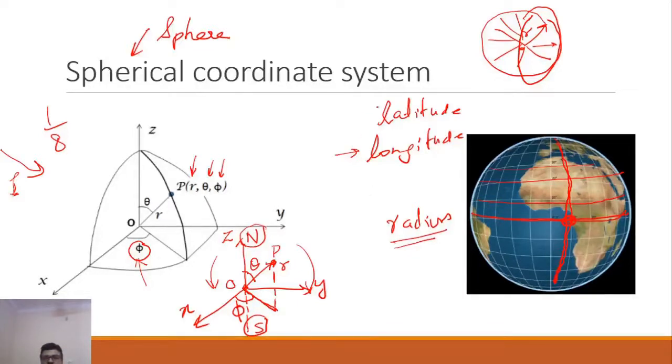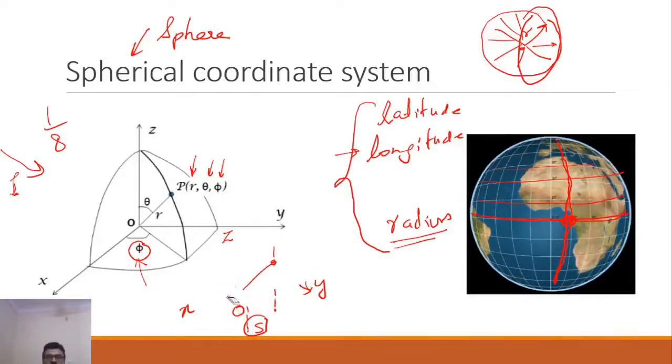So this is the best analogy that you can get to understand spherical coordinate systems. So concluding my explanation, let us at last see what are the three limits that it can reach.